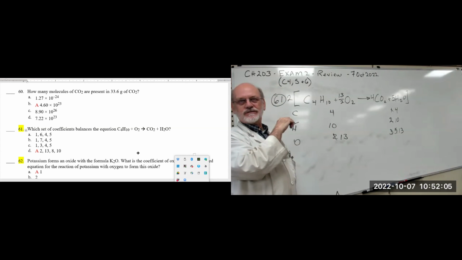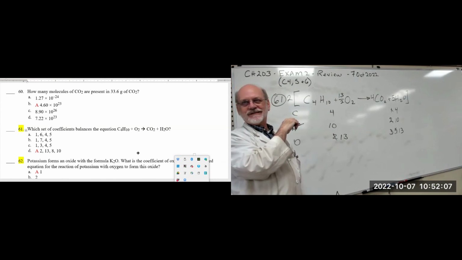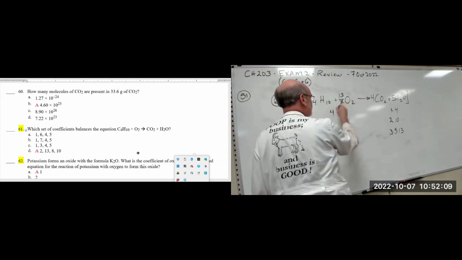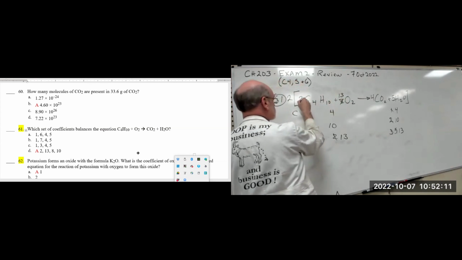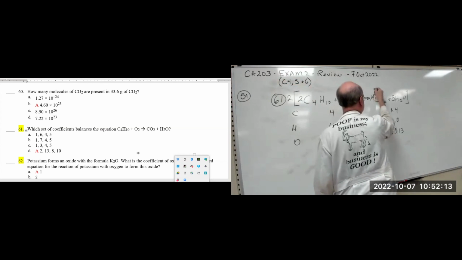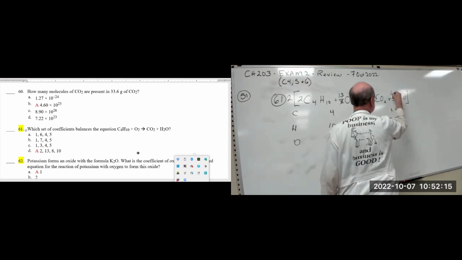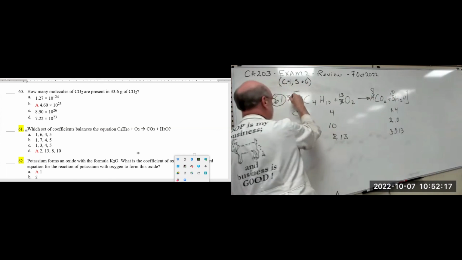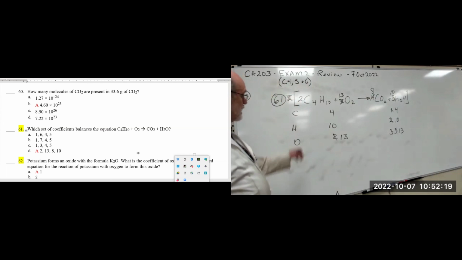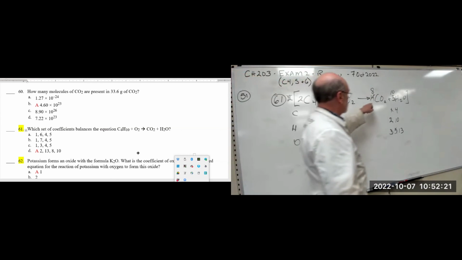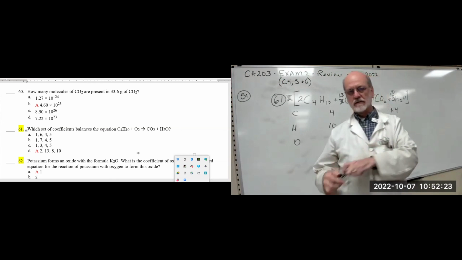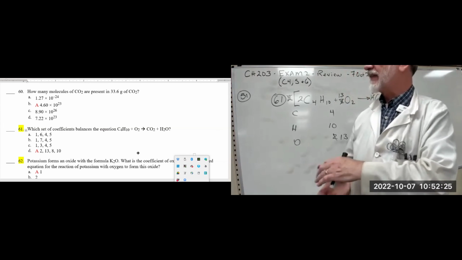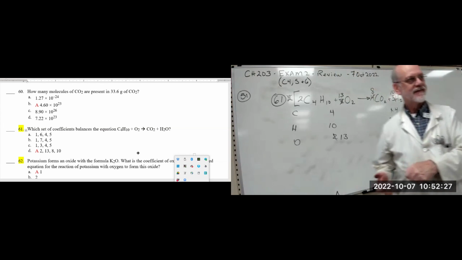Are you dazed or just you following me? Okay. All right, so we got 13 there, 2 here, 8 there, and 10 there. And we used up that multiplier. So the coefficients are 2, 13, 8, and 10. That's why the answer is D. Okay?